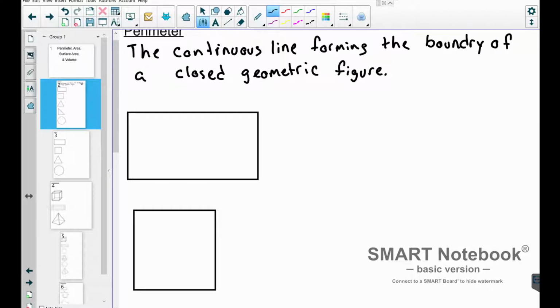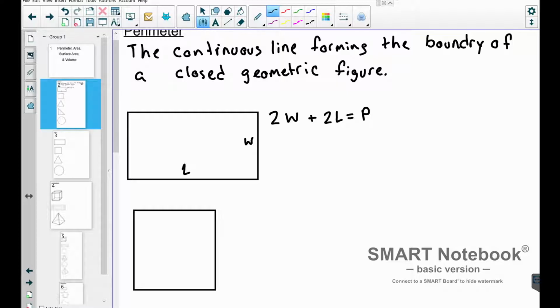So if we're looking at a rectangle, there are two things you want to consider. You want to consider the length and the width. And then your formula for the perimeter is 2 times the width plus 2 times the length will be equal to your perimeter. So really what you want to do when you're finding perimeter of anything is just add up the outsides.